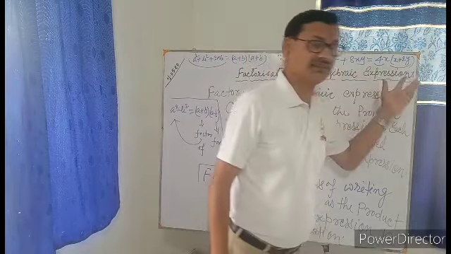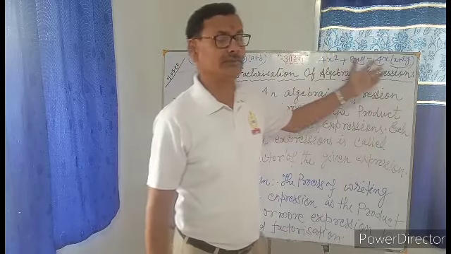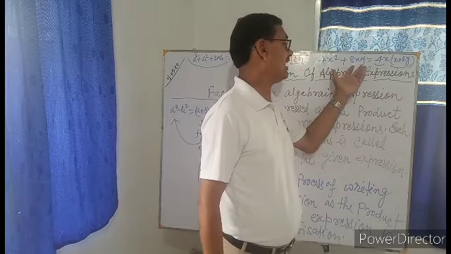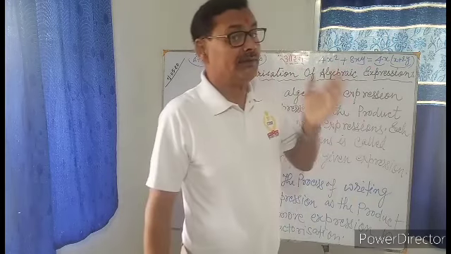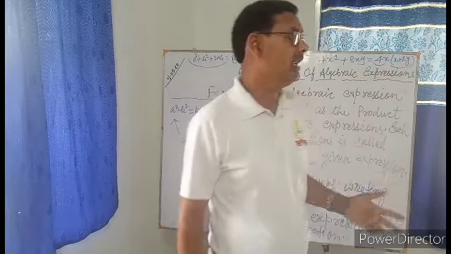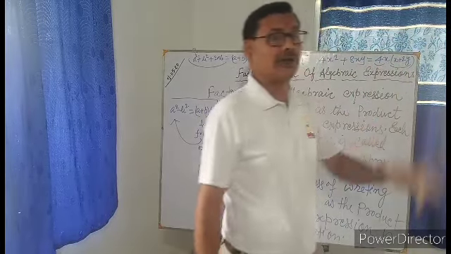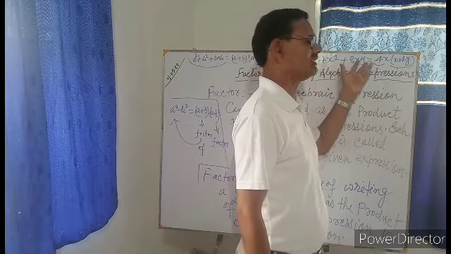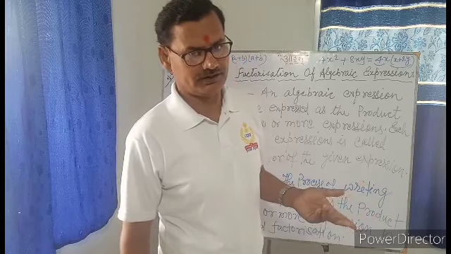Here two expressions are there, 4x and x plus 2y. So 4x square plus 8xy has been written as the product of 4x and x plus 2y. So 4x and x plus 2y, what are they? They are the factors of 4x square plus 8xy, the given expression.